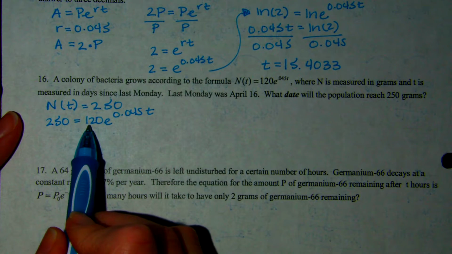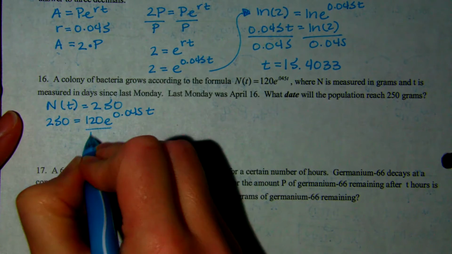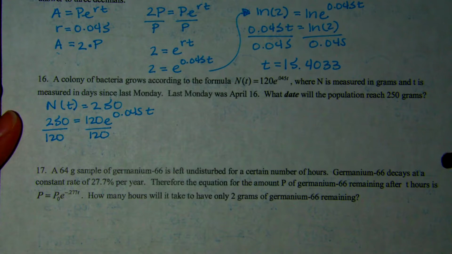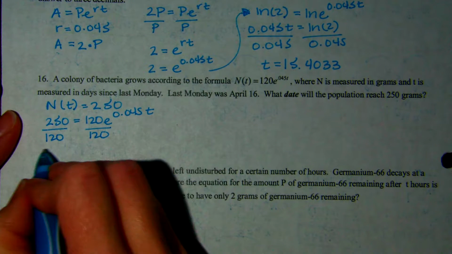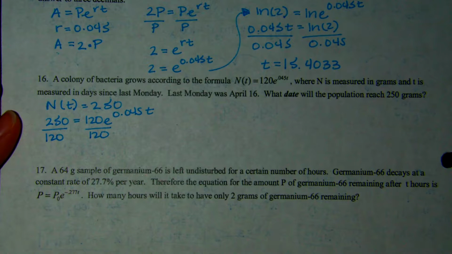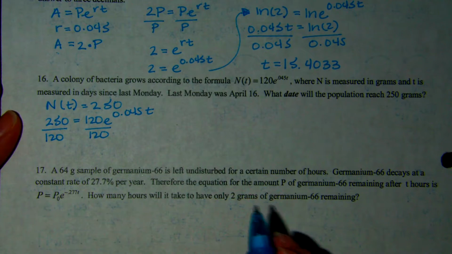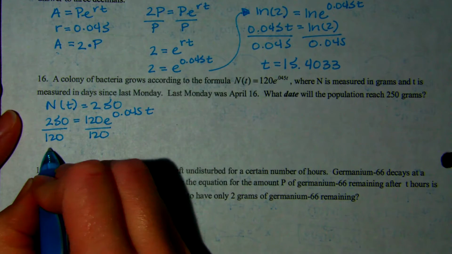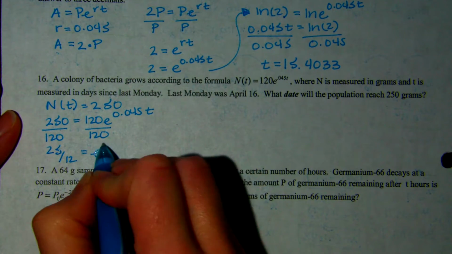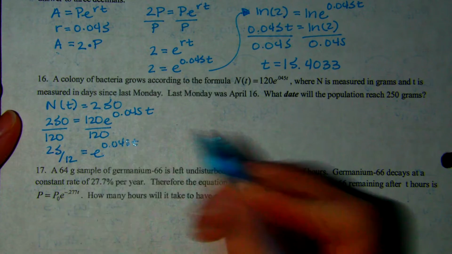Divide by the thing in front of the exponential term, so divide by 120. You get 2.5, or 25 over 12. We'll just leave it at that. 25 over 12 equals e to the 0.045t.